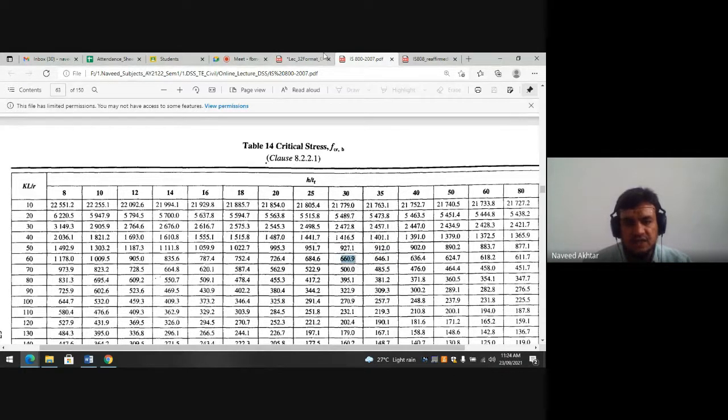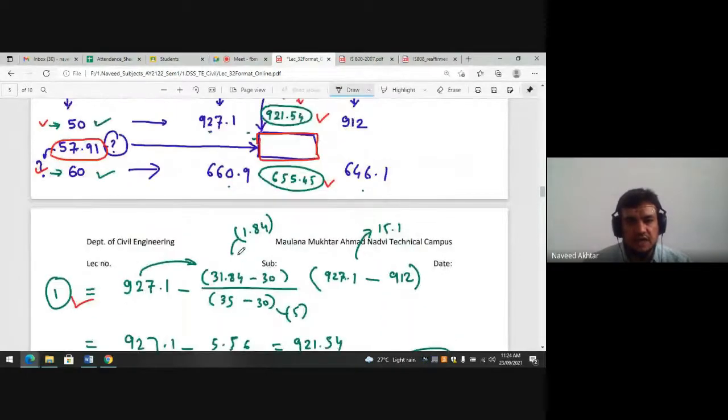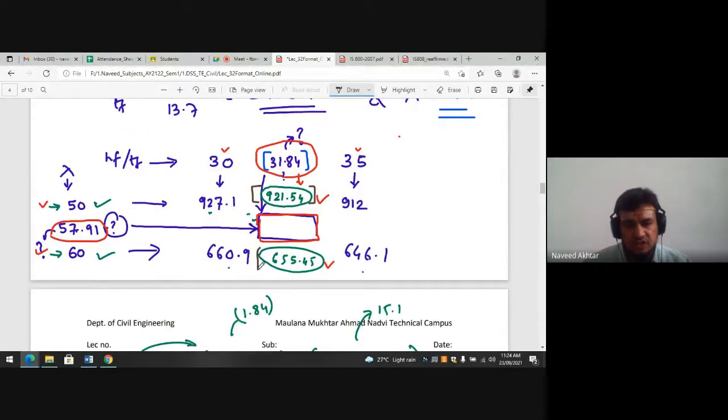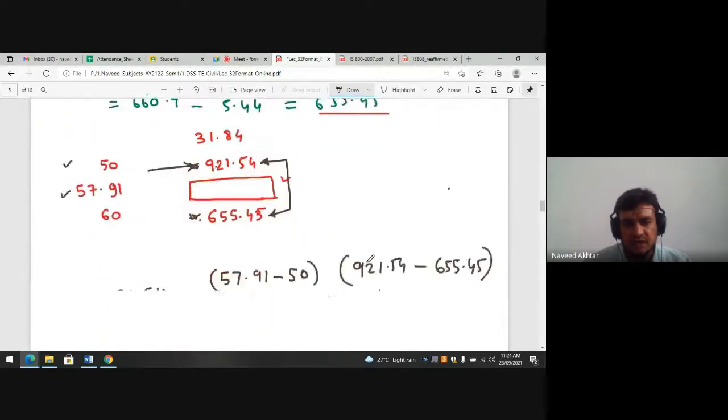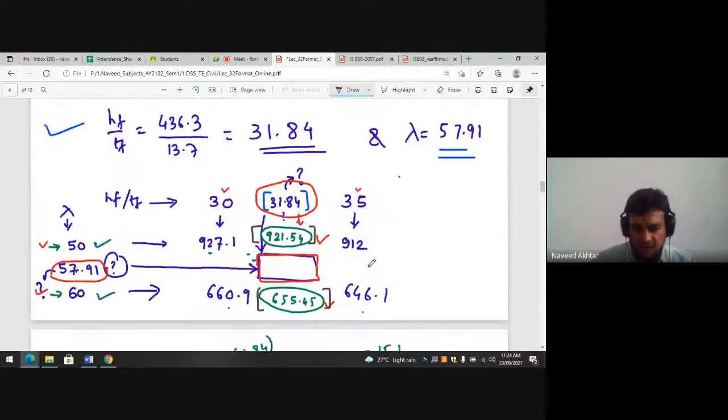Okay, then we have done the interpolation between the 31.84, and we get these two values. From these two values we have interpolated and we get the final value. This final value is nothing but 711. This final value I will write down, 711.